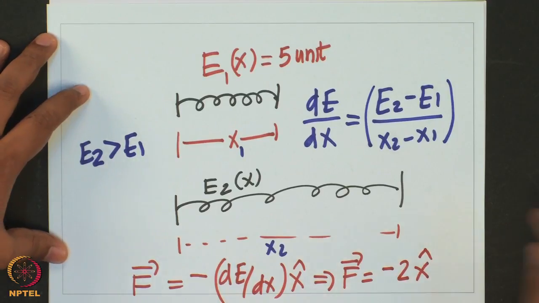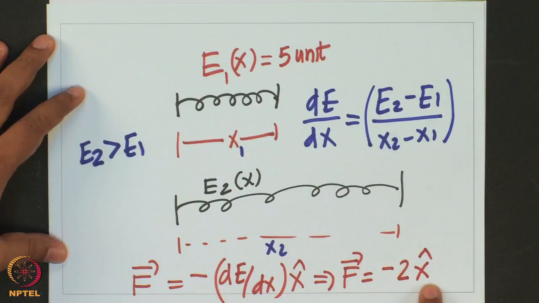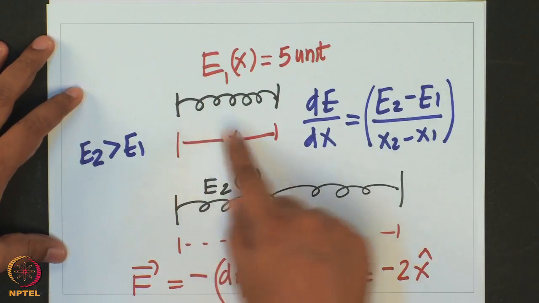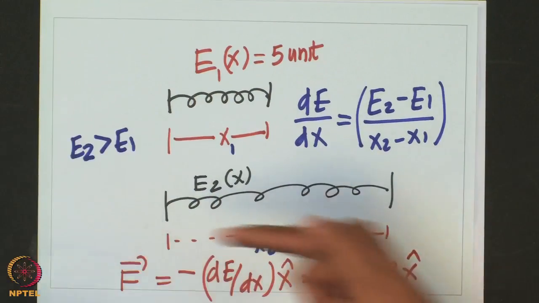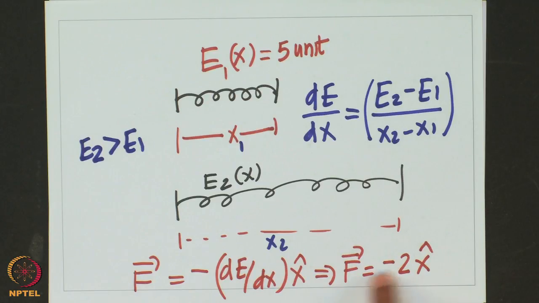So that means the force is going to be along the minus x direction. So if I pull from here to here, the force is going to be along the minus x direction. So that's what this would mean, that the force is minus del E by del x, x cap.